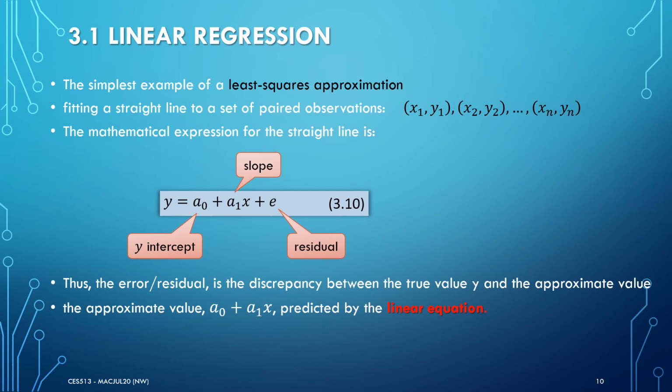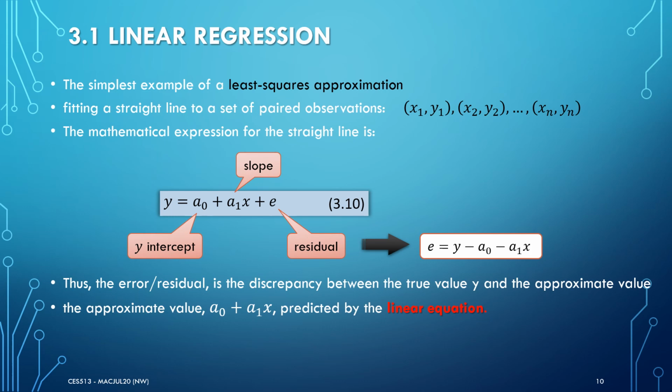The mathematical expression for the straight line is y equal to a0 plus a1x plus e, where a0 is the y-intercept, a1 is the slope, and e is the residual. When we rearrange the equation, we get e equal to y minus a0 minus a1x.